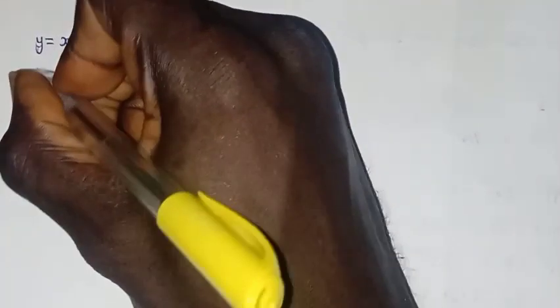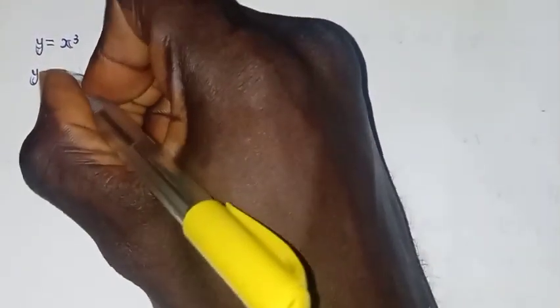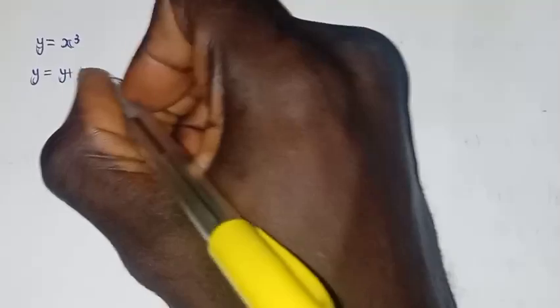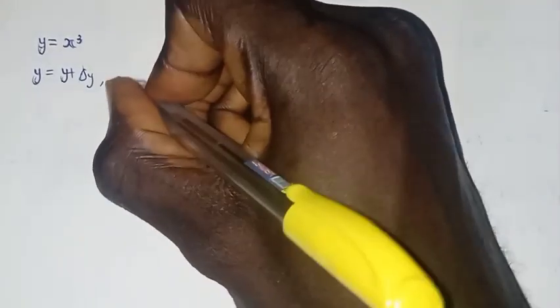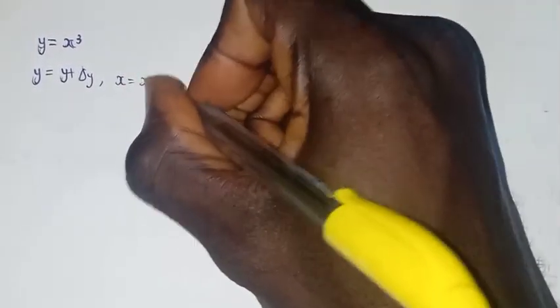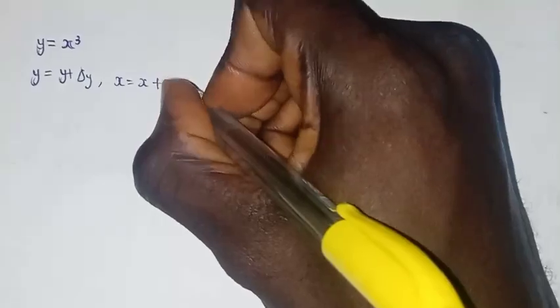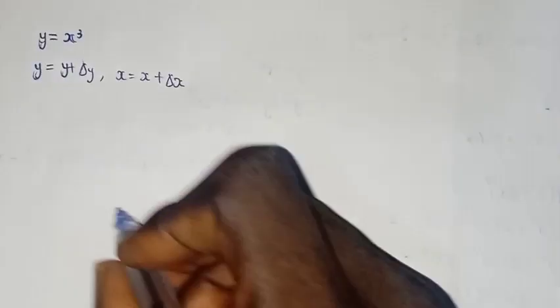So this is our second equation that we are to solve using the first principle derivative. We'll solve it the same way we solved for the first. That means we'll substitute y to be equal to y plus delta y, and then x will be equal to x plus delta x, right?